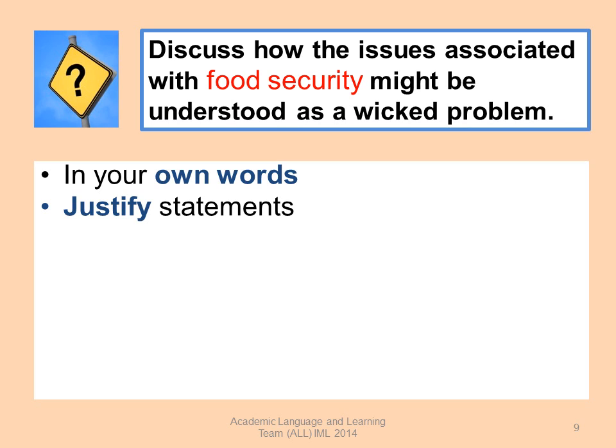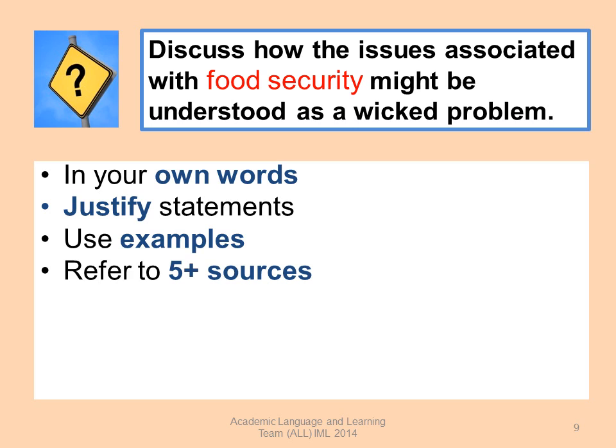Justify your statements. That means any opinions or value judgments have to be based on factual evidence or connected to some kind of source where we can find scientific data or a source of statistics that we can trust. Use examples. So examples could be examples of characteristics of food security, causes of food security, or a characteristic of a wicked problem.